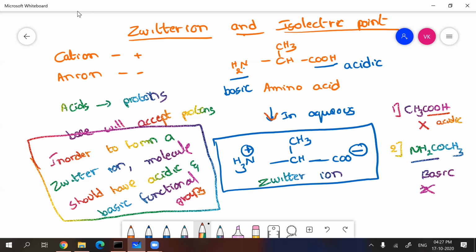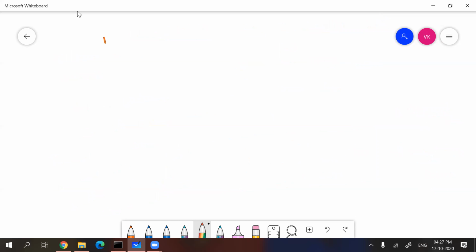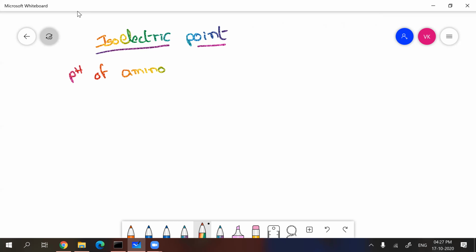Now let's see what is an isoelectric point. It's very important. They may ask you in the exam. So isoelectric point is nothing but the pH of solutions, particularly the ones which form Zwitter ions or amino acids, where its charges will get cancelled and it becomes neutral.